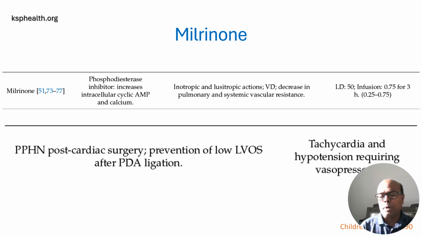The dose used is 0.25 to 0.75 mcg/kg/min and it is very commonly used in post-cardiac surgery, in patients with pulmonary hypertension, and also for prevention of left ventricular low output syndromes, and after PDA ligations. And you can see tachycardia and hypotension, especially when you use milrinone.